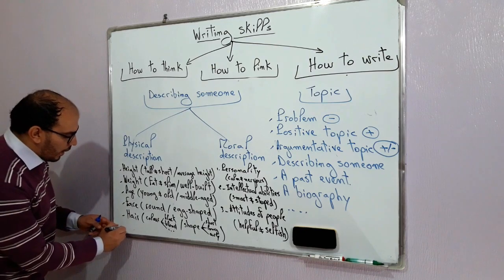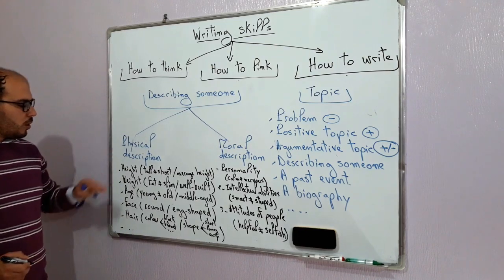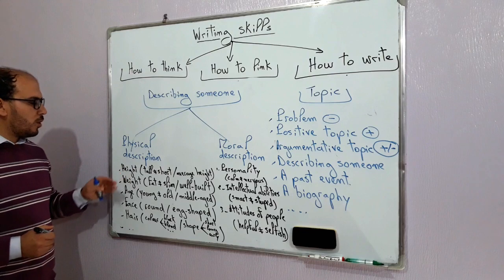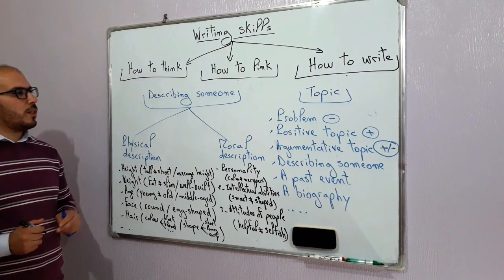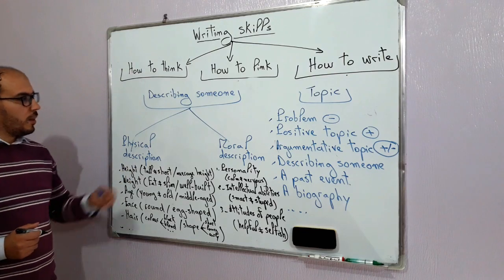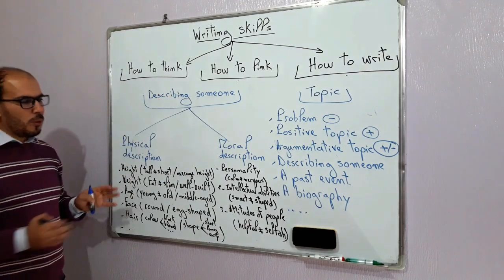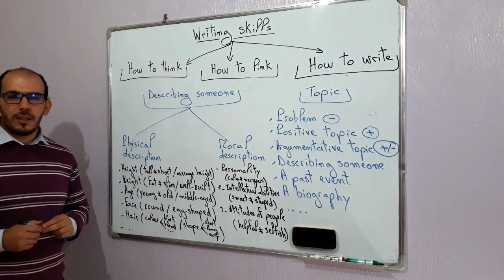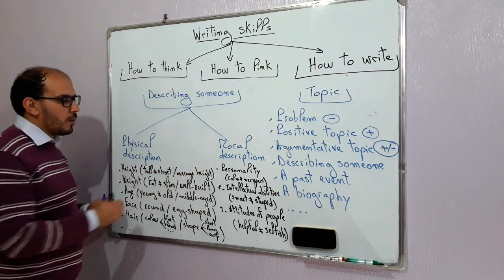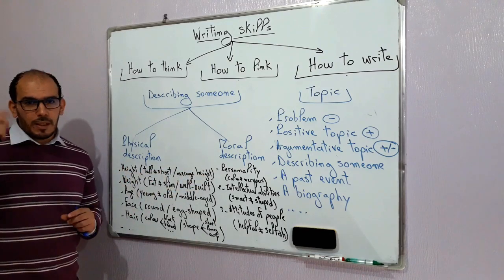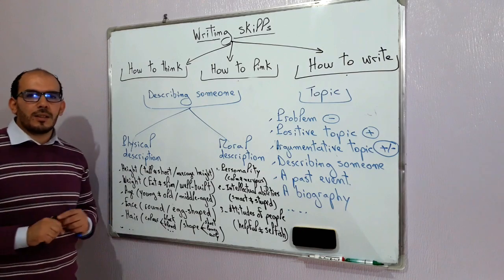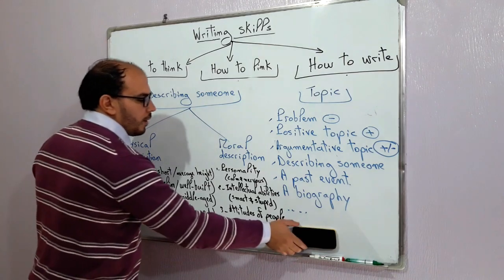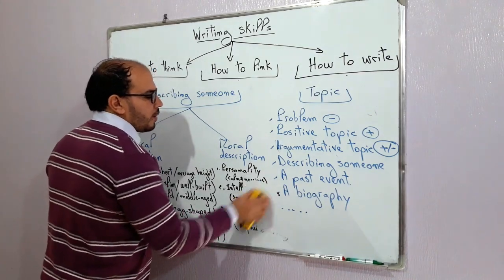And of course other things, but these are the most important things to mention when we have a physical description of someone. So whenever I have to describe someone, I go directly to think of moral description and physical description. And when I have this categorization in my mind, I go directly and start describing this person. This is for describing someone.